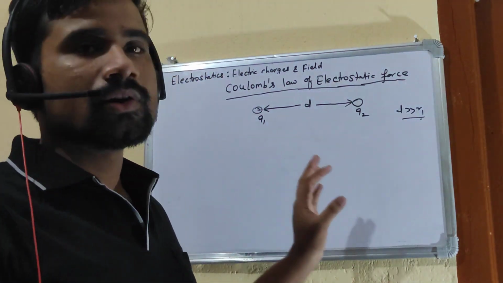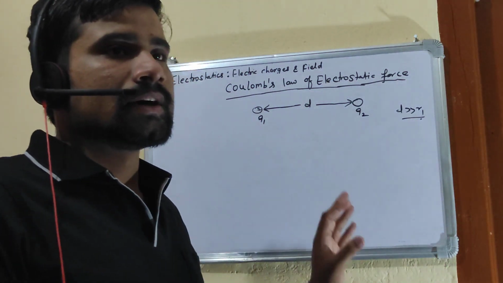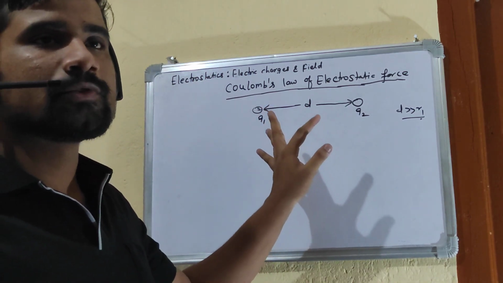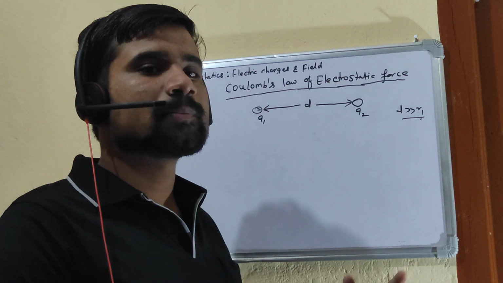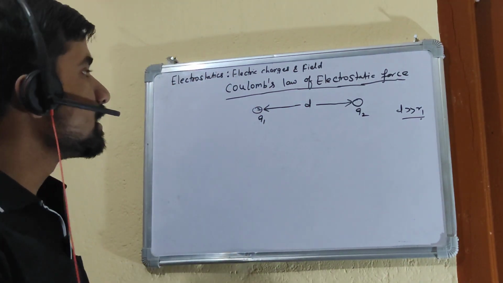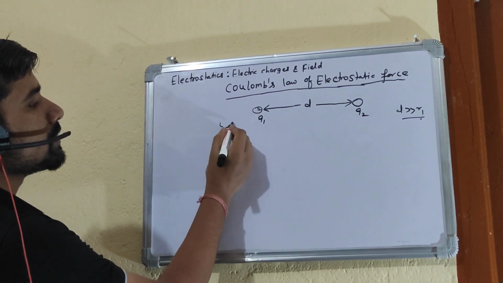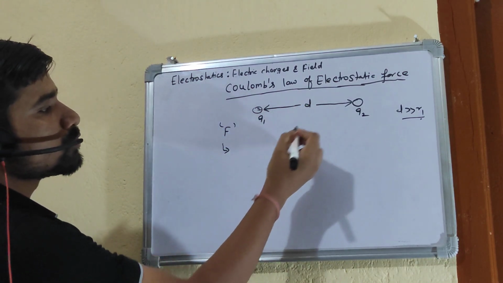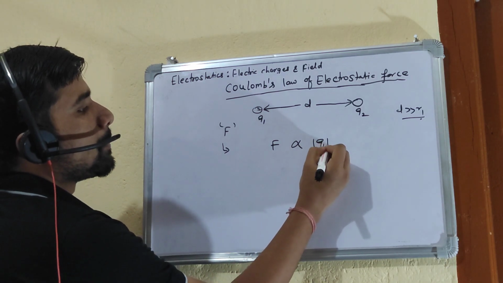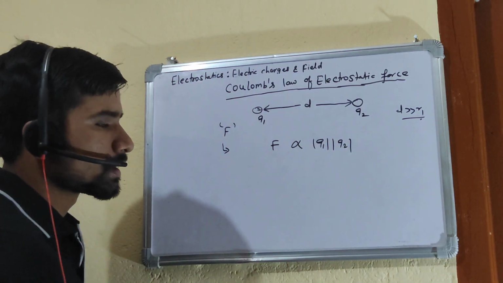So now Coulomb's law states that there will be a force between these two charges. The force can be attractive or repulsive, that is not of concern as of now. So if F is the force between these two, it will be proportional to the product of their magnitudes of charges.